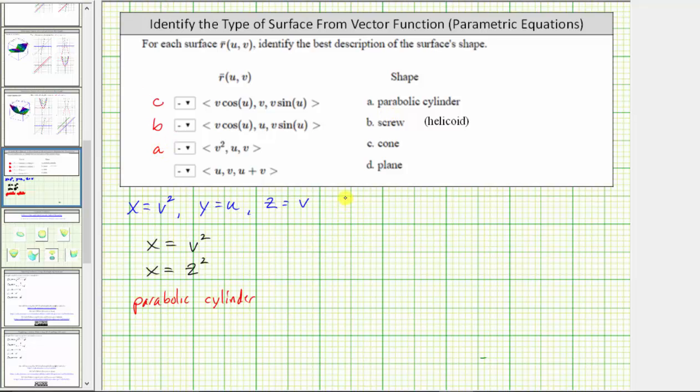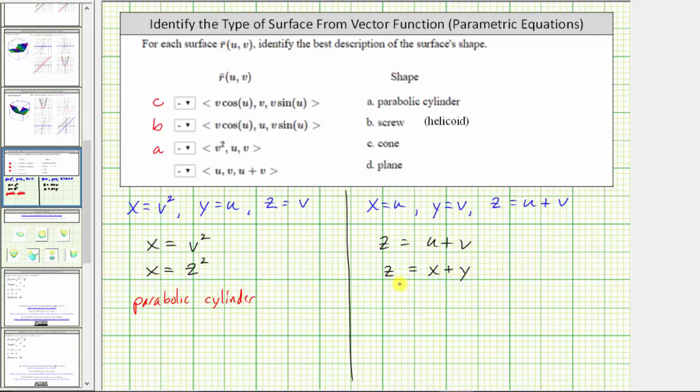And for the last vector function, we have x equals u, y equals v, and z equals u plus v. So here we know that z is equal to u plus v, but x is equal to u and y is equal to v, which gives us the equation in Cartesian coordinates z equals x plus y.